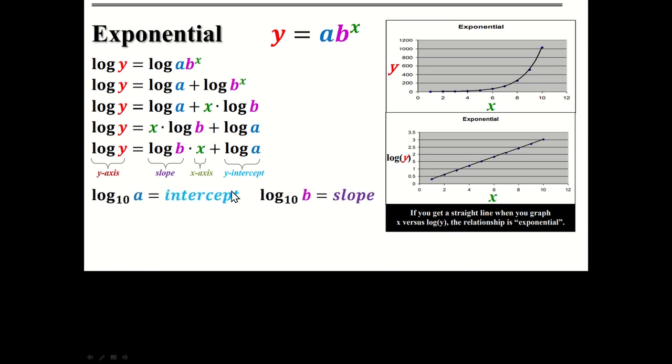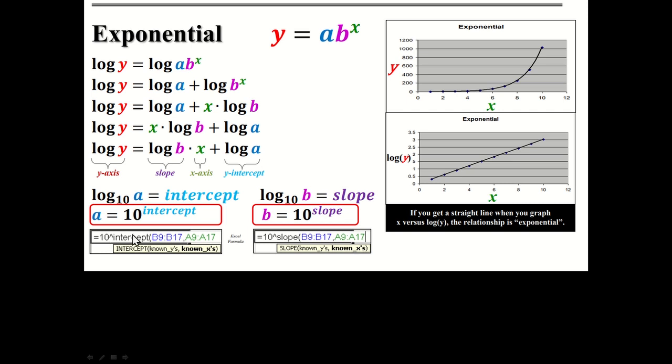And I can find out what a is, because log base 10 of a is the intercept, and log base 10 of b is the slope. I can rearrange it from the log form to the exponent form, and I can find a this way, I can find b this way. This will always be on a spreadsheet that I ask you to do, so you can always refer back to this. But these are the formulas that you can use to calculate b and a.